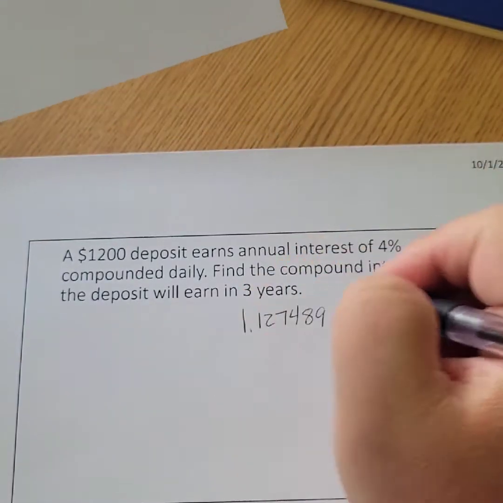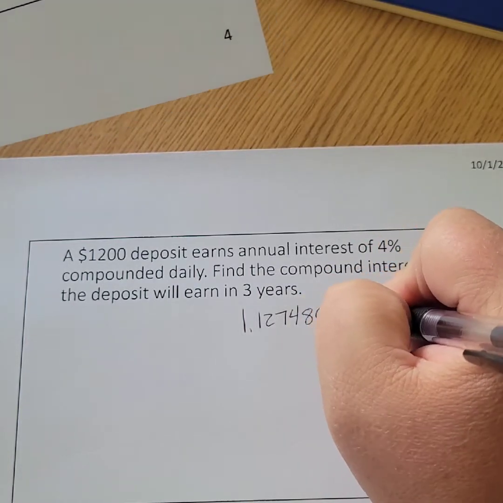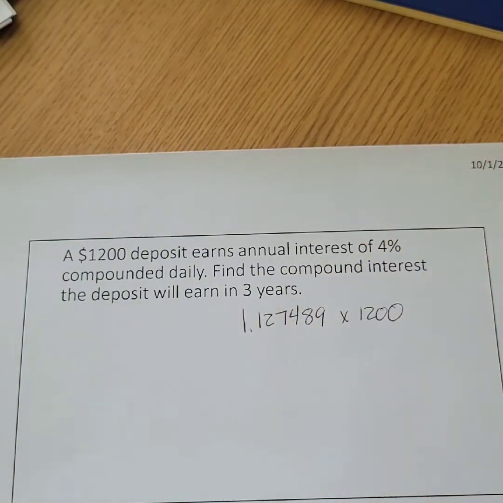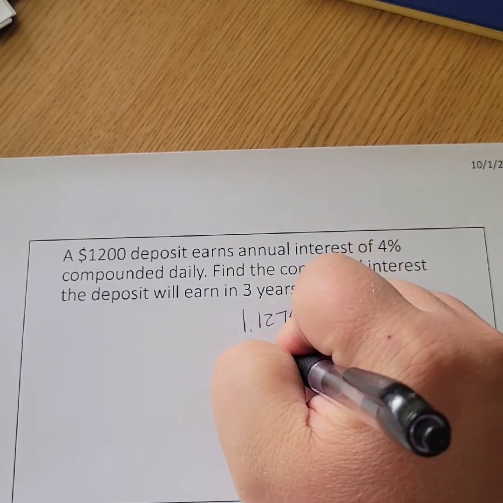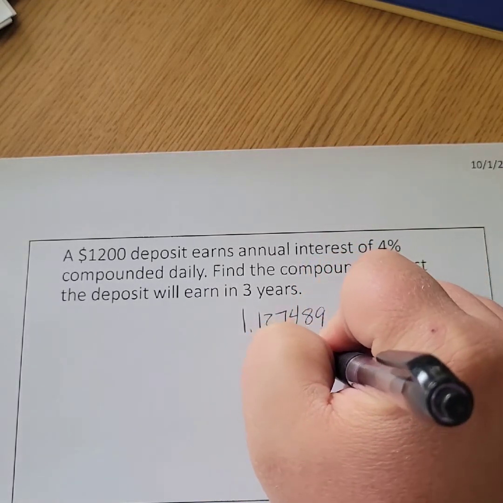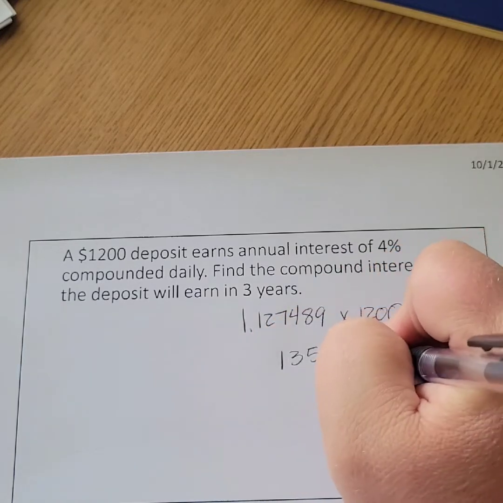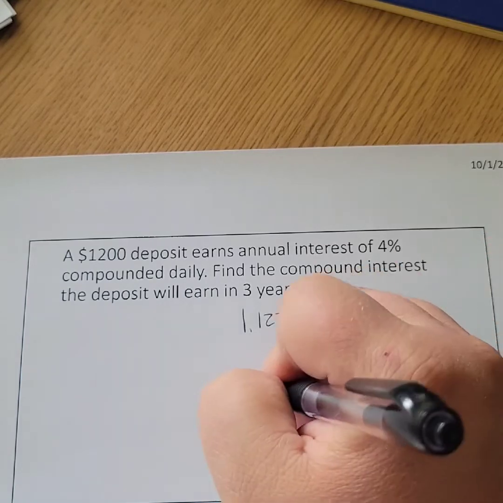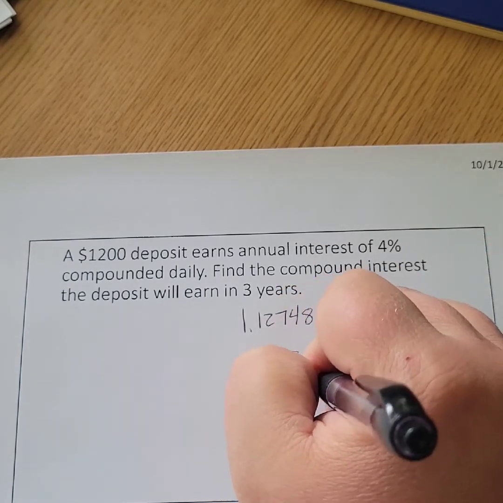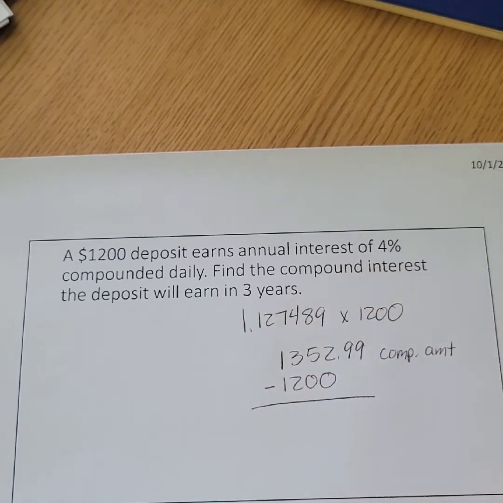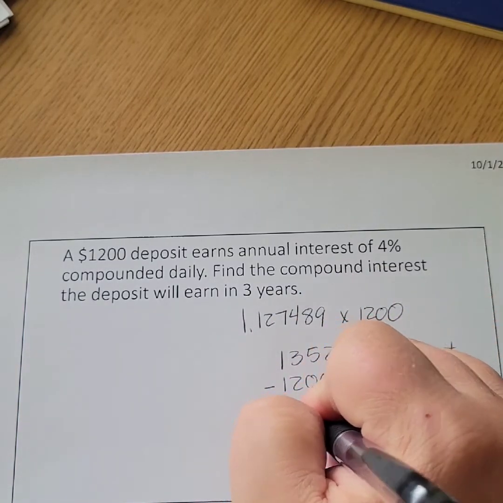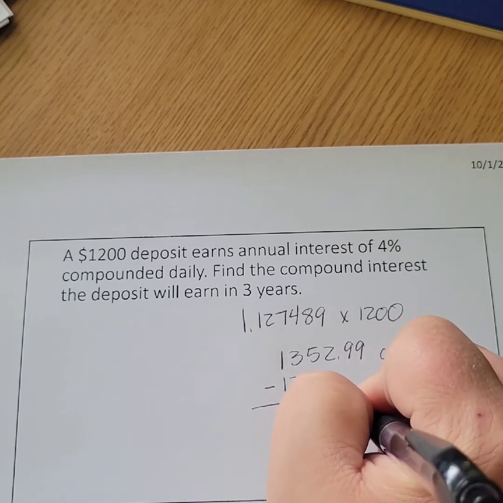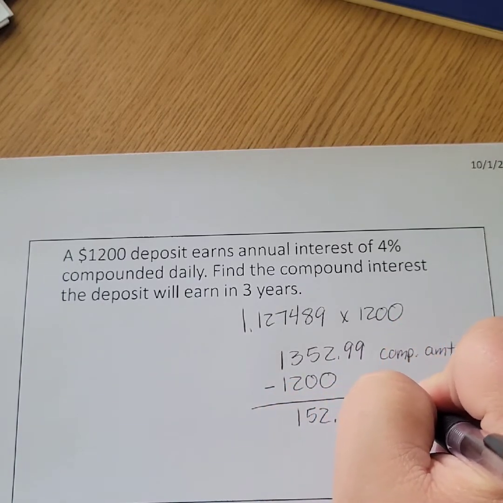And then we just multiply that by the 1,200. And that will give us $1,352.99. So that's the compound amount. So then we still have to subtract the 1,200 that was invested. $152.99 compound interest.